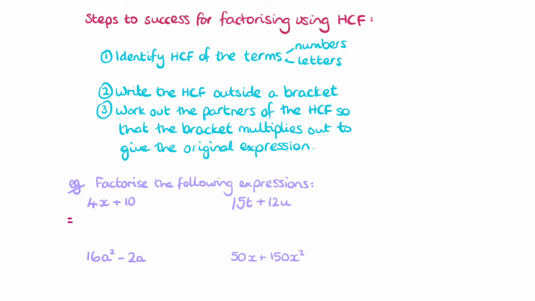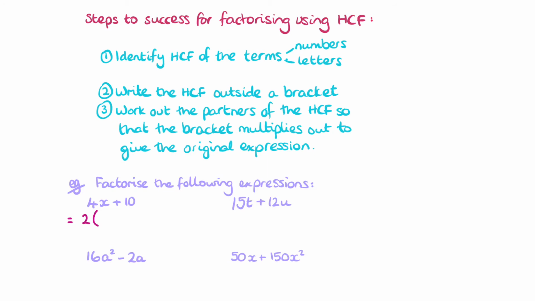So we're going to follow those steps for success now as we factorise these expressions. So looking at the first one, step 1, identify the highest common factor of the terms, numbers and letters. We'll look at the numbers first of all. So the highest common factor, the biggest number that goes into 4 and 10, is 2. We've got an x in the first term but not in the second term, so there's no x as a common factor there.